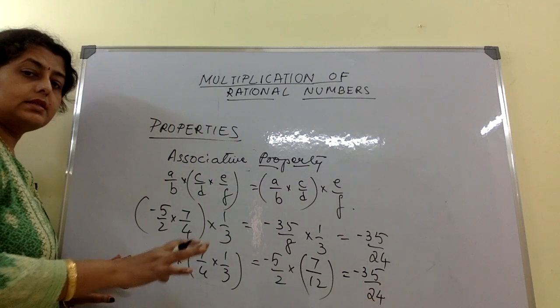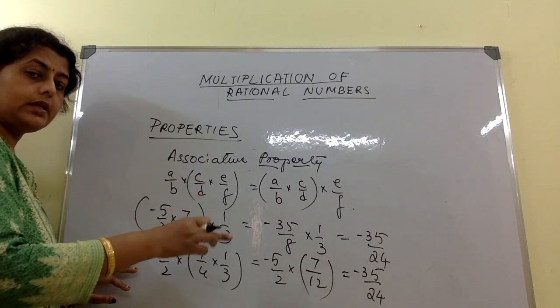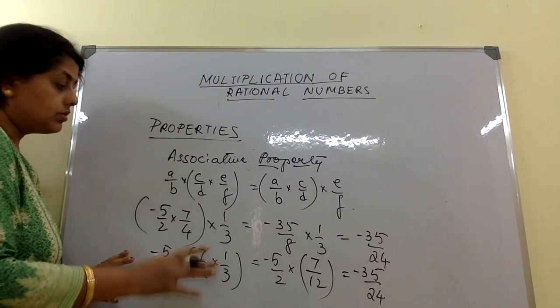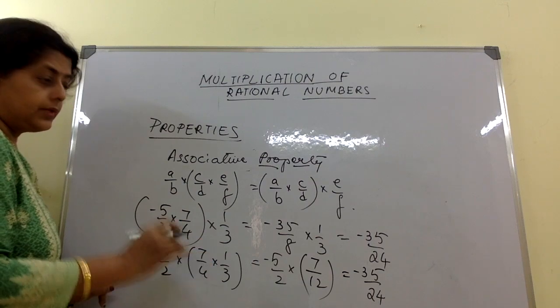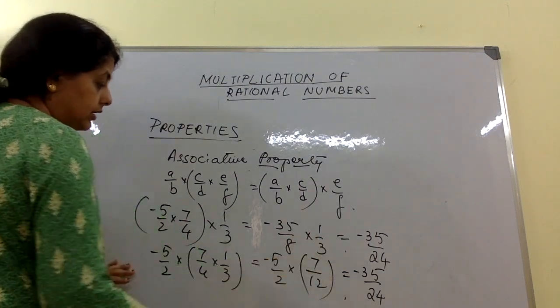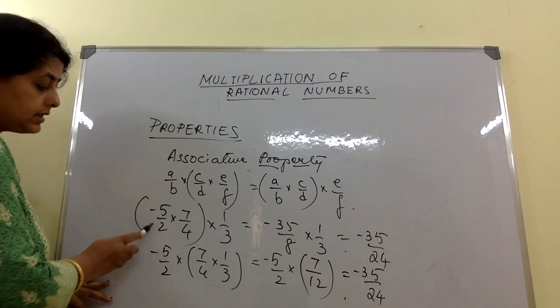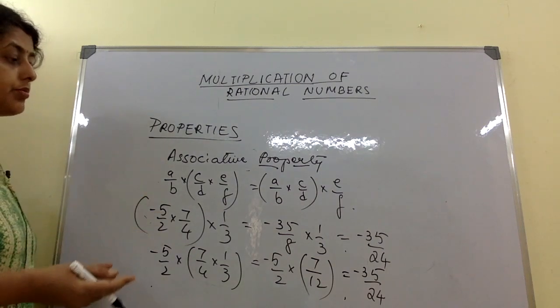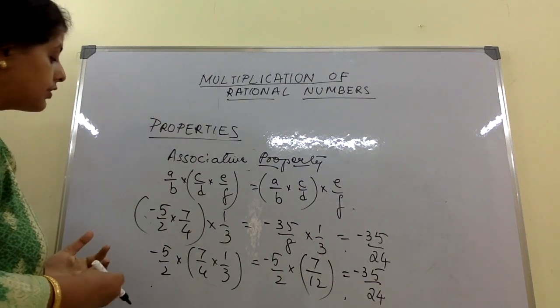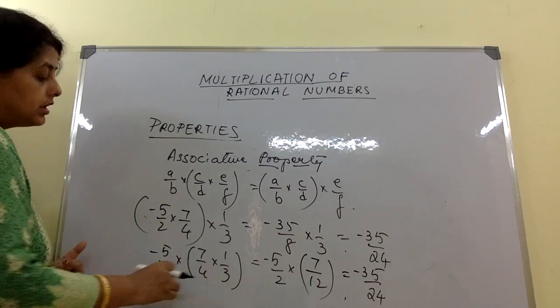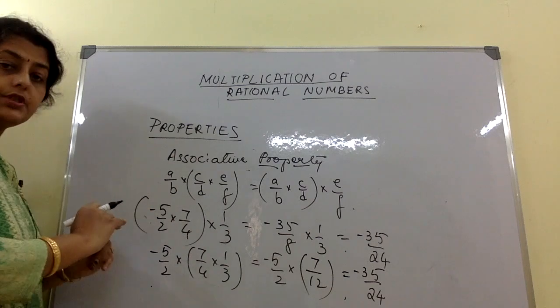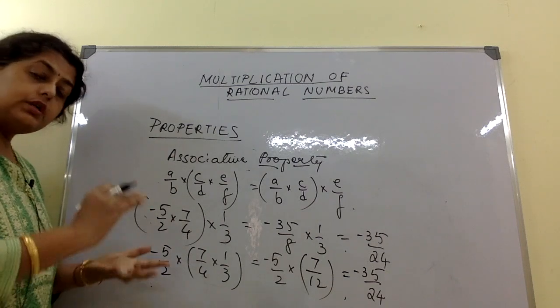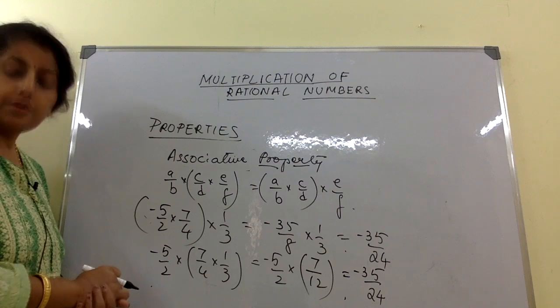Okay, minus 35 by 24. So note both are equal. Therefore, this is followed. Hence, these two are equal. So associative property is followed. You can check this even if we have a negative here, it will still work. All three negatives, then also it is going to work. It works for any rational number.